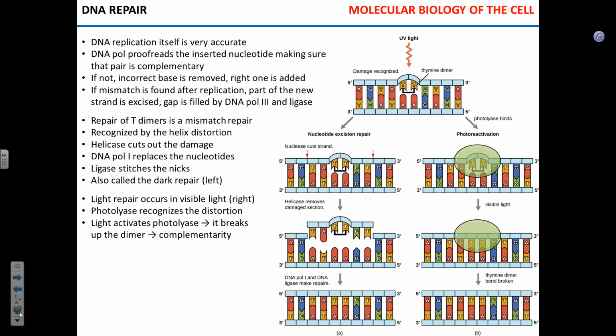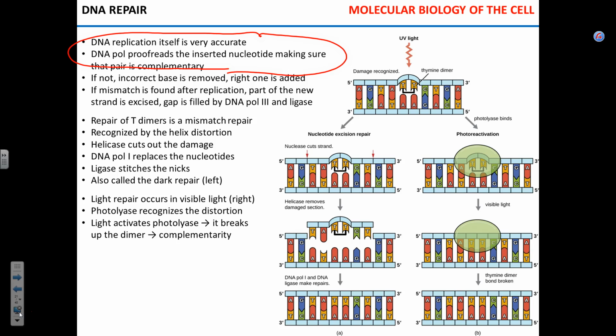So we have discussed some points here, and DNA polymerase performs the actual proofreading, okay, and replaces incorrect bases that do not match bases that were inserted and do not form complementary pair, right? Now, what if it's found later?